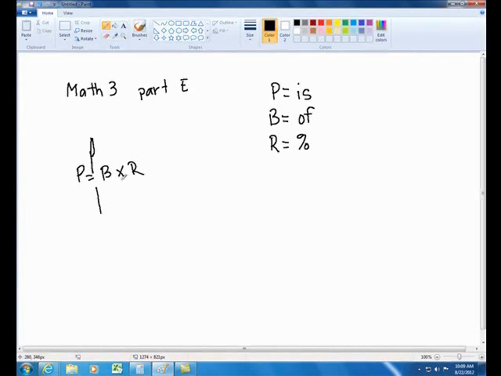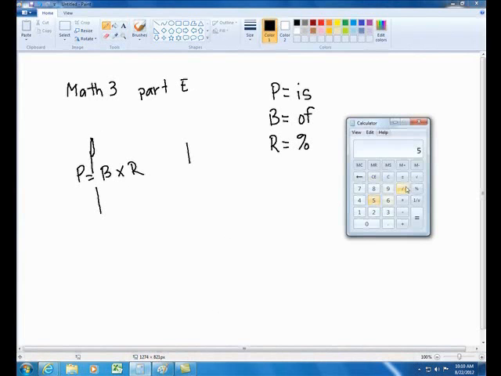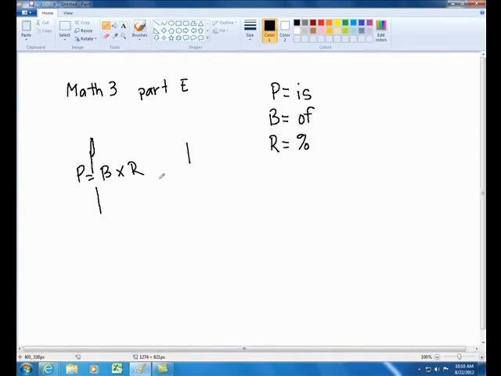Okay. So, any number divided by itself is 1. So if I take 5 divided by 5, I'm going to get 1. If I take 27 divided by 27, it's going to be 1. And any number times 1 is going to be that number.